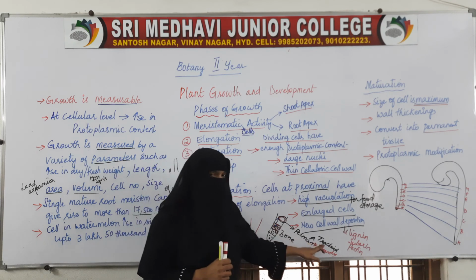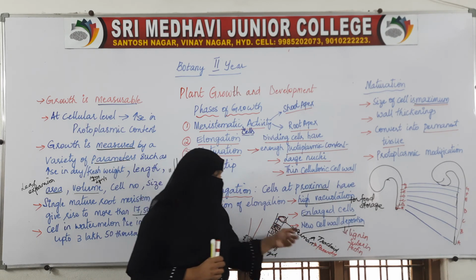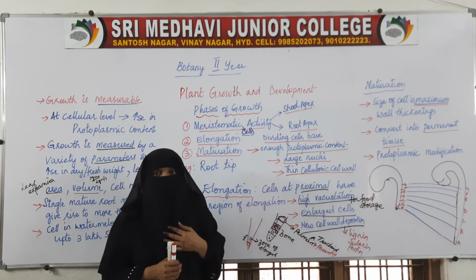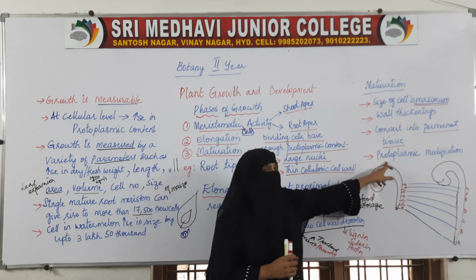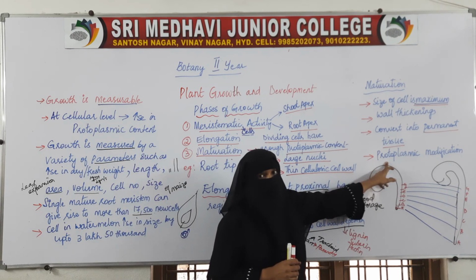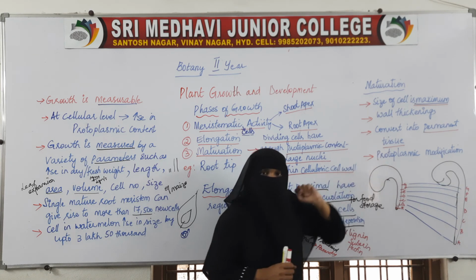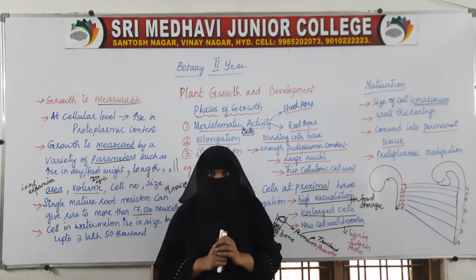If it is changing into trachea, the cell does not need any protoplasmic content, so the cell loses it. This change which takes place in the protoplasmic content is called protoplasmic modification. So when the cells convert into permanent tissue, protoplasmic modification will be done.